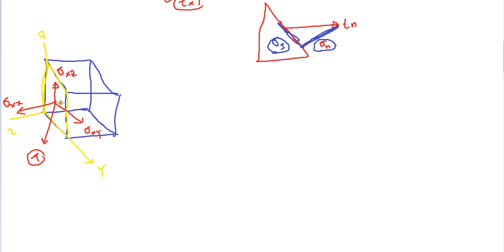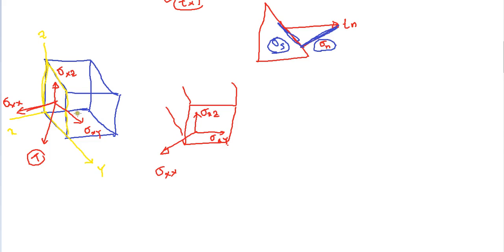These two components are parallel to this plane, and this component is perpendicular to the plane. So these two shear stresses are parallel to the plane, and this component is perpendicular to it. So it's sigma x x, sigma x z and sigma x y, for a three-dimensional object.